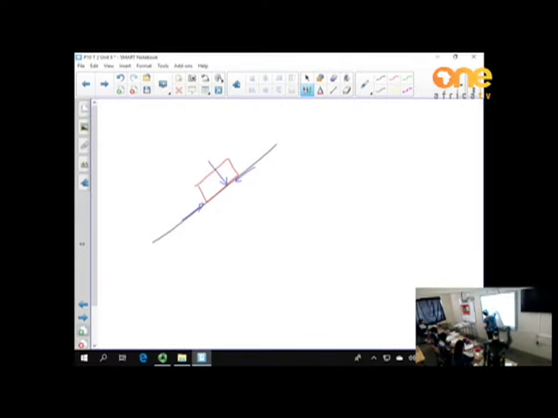Yes, there is a force perpendicular to the surface and the surface has a force back on it. But weight is a force that works from the center of the object vertically down, no matter where you are. All right, your weight always goes from the center of the object vertically down.